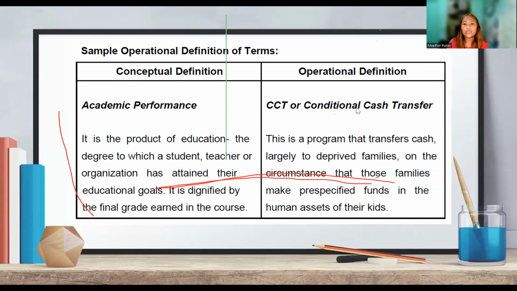Okay, so when we talk about the CCT, for example, with regards to your study, you are going to identify that CCT, these are conditional cash transfer. So for example, katong 4Ps, so mo to imo identify nga kani siya ang imuhang sa for example sa imong scope and delimitation.